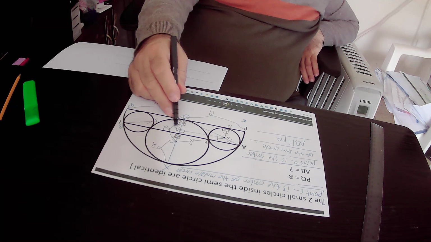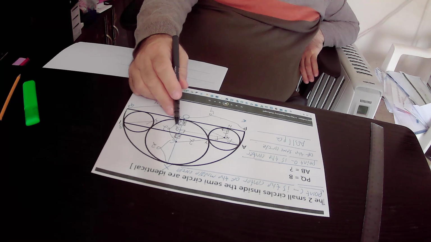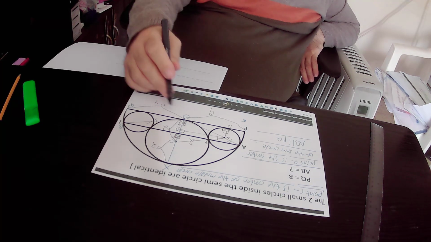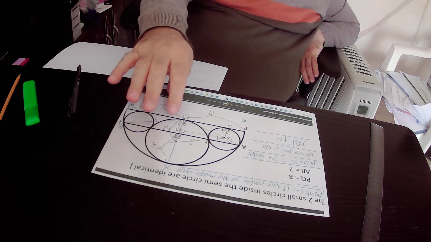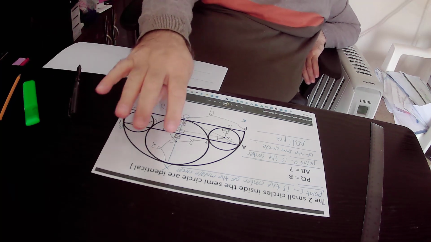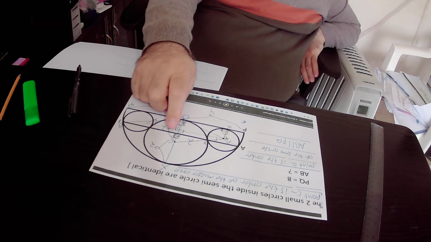The size of this angle, we know according to the rule that the sum of the angles on one side of a straight line equals 180 degrees. So if you look on this side of the straight line OX, at this point E, the sum of the angles must be equal to 180 degrees.